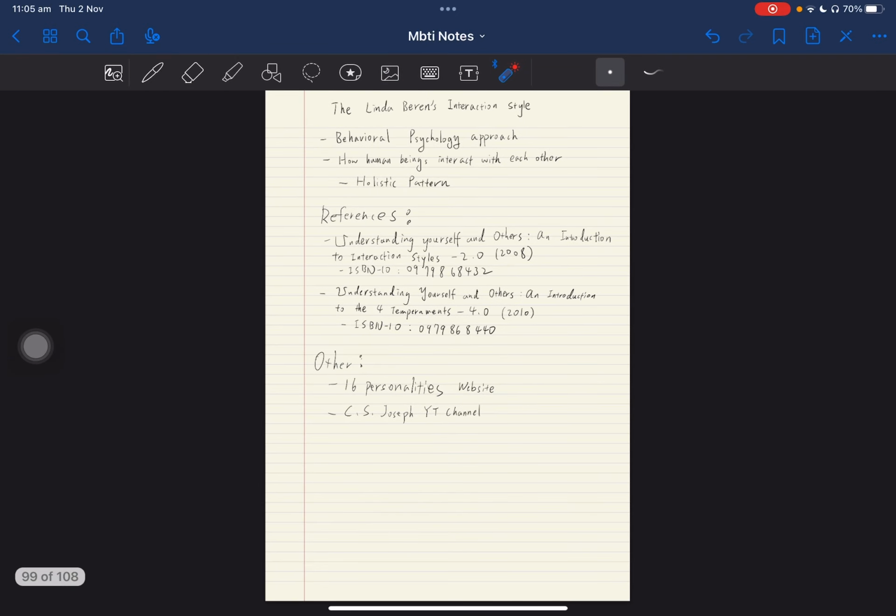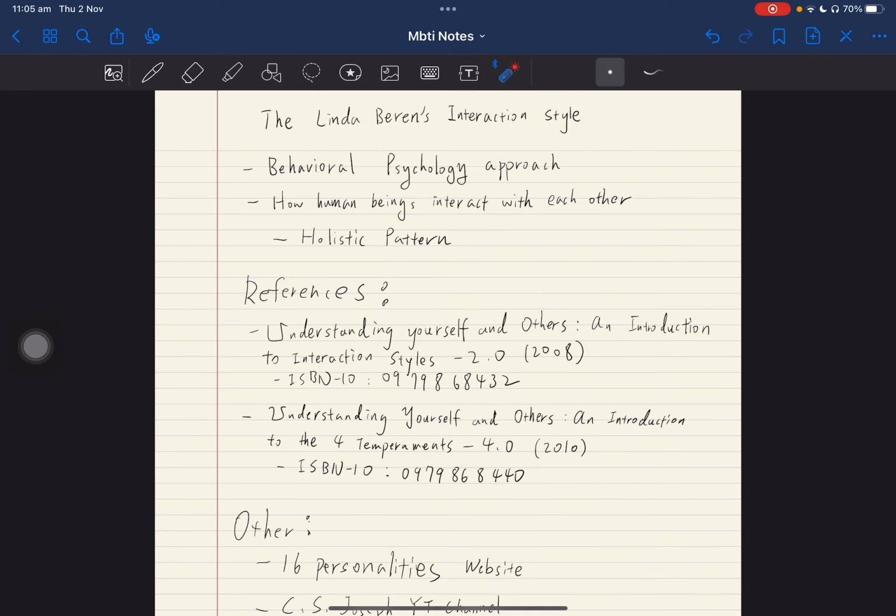Okay, so the next part is just talking about the background. So where does the interaction style come from? The interaction style is developed by a person called Linda Berens, and she is a psychologist, actually has a PhD, and you can look up her website.